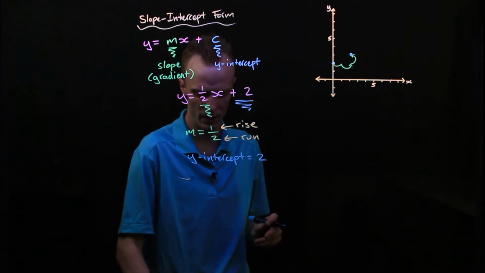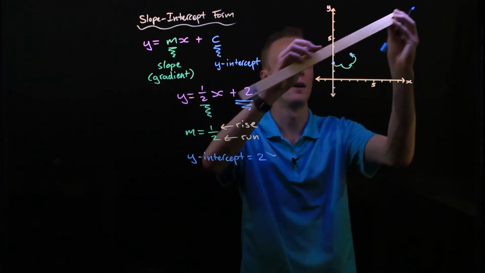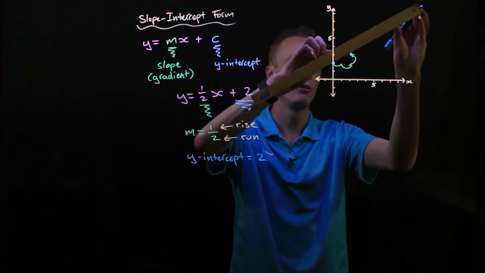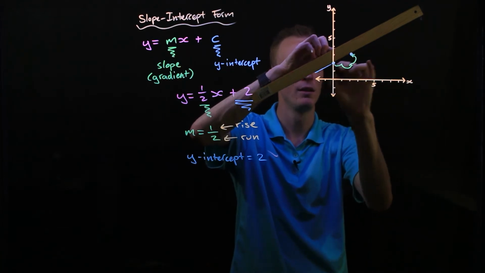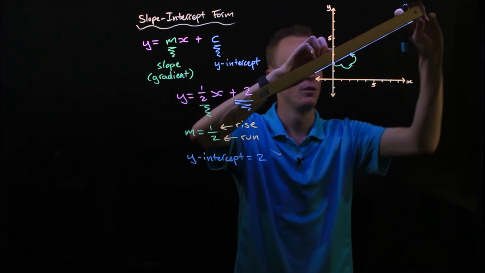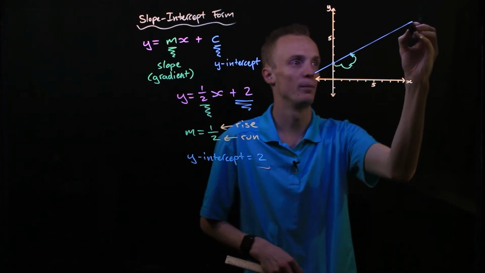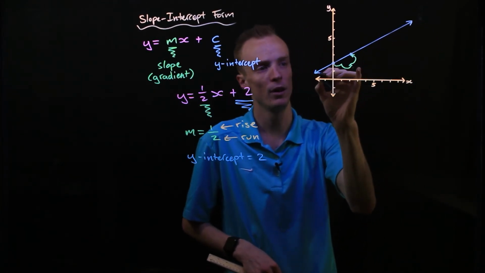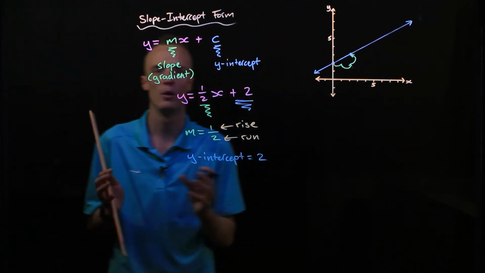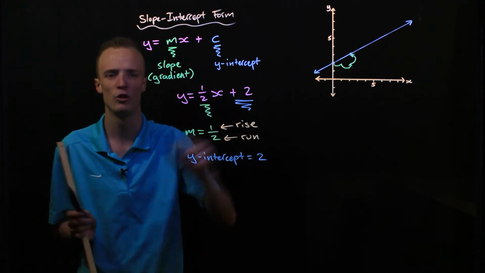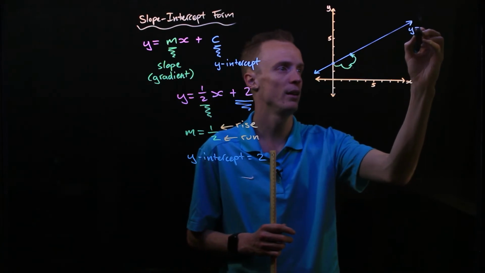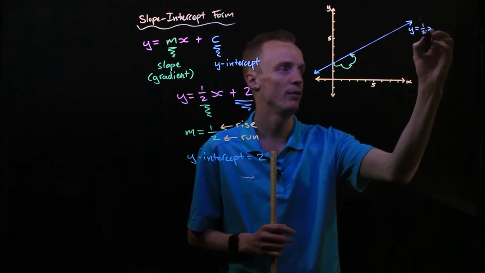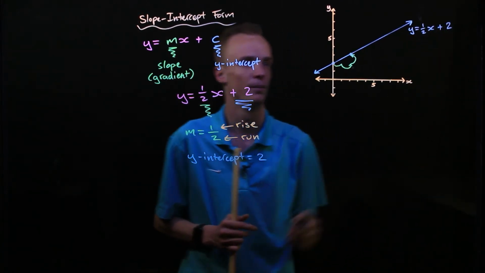And what we can do at this point is get a ruler out and draw in our line for our equation. And whenever you're graphing like this, it's really important that we always include the equation of our line next to it. So our equation here is y equals a half x plus 2.